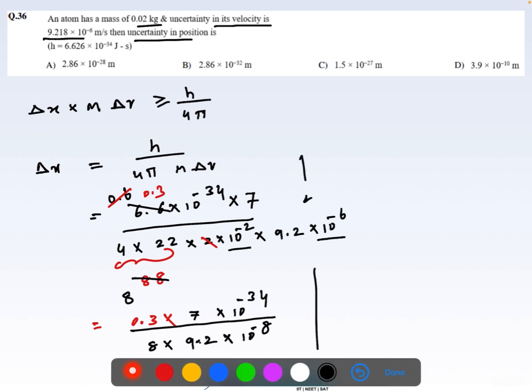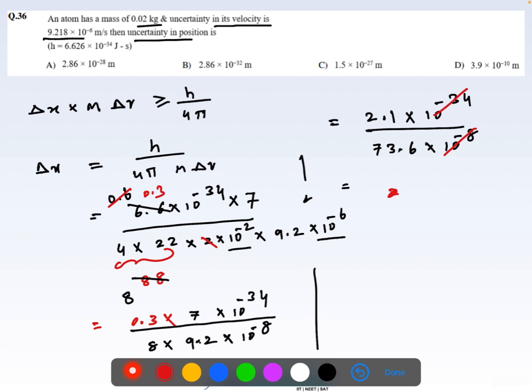Okay. So this will be equal to 2.1 into 10 to the power minus 34 divided by 8 9s are 72, 73.6 into 10 to the power minus 8. So this 10 to the power minus 8 cancels with 10 to the power minus 34 for 10 to the power minus 26.